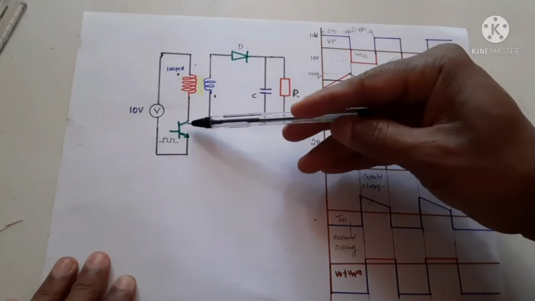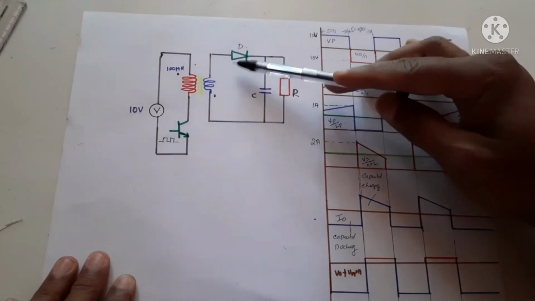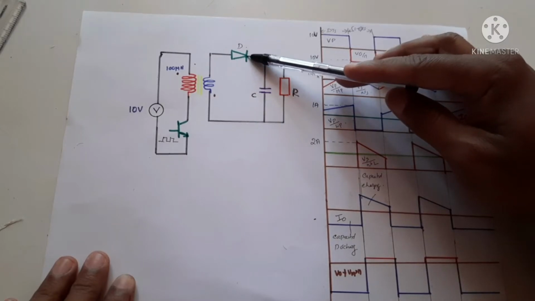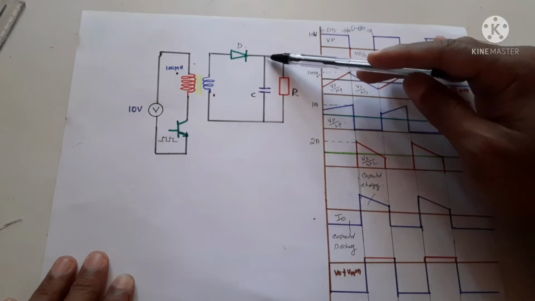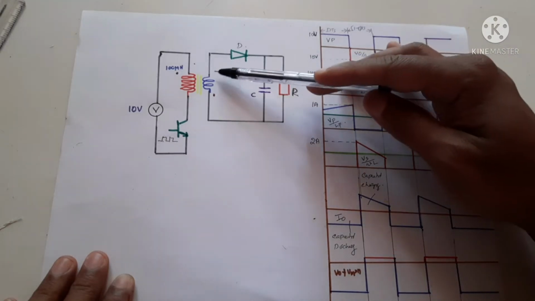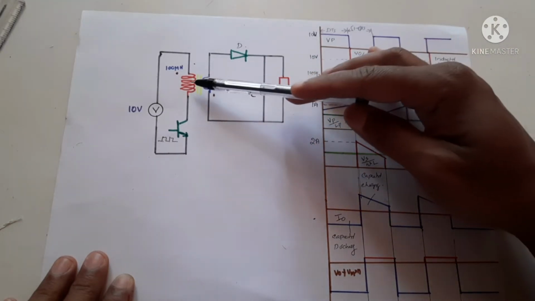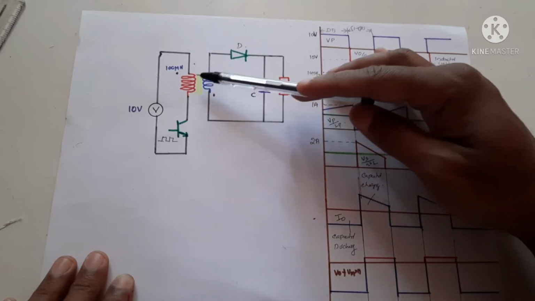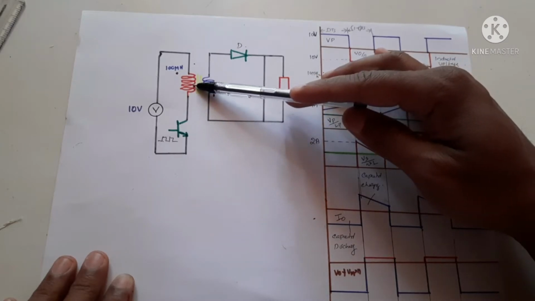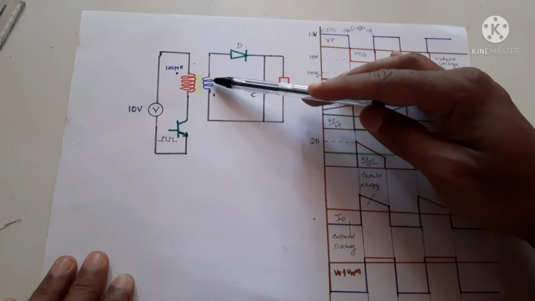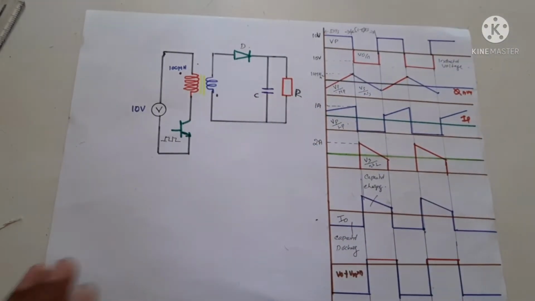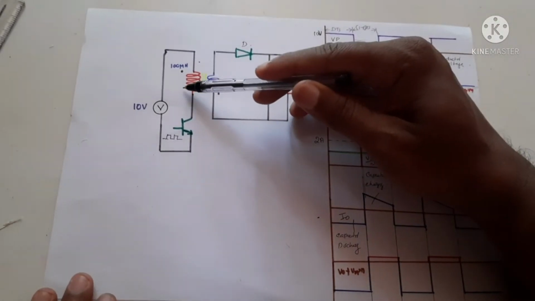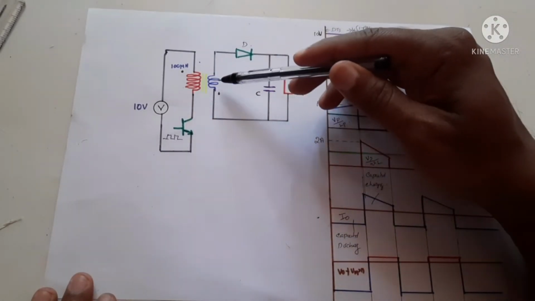Now when this transistor is on, this diode is reverse biased. The voltage across this diode will be given by this voltage, the voltage across the capacitor, and the voltage across the inductor. The voltage across the inductor is given by Vin, 10 volt into N. Here the number of turns here is 10 and this is 5.